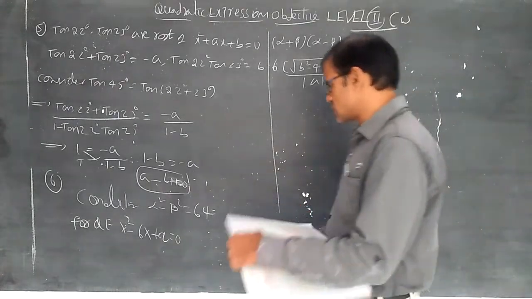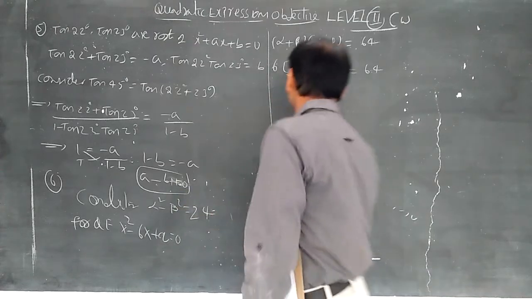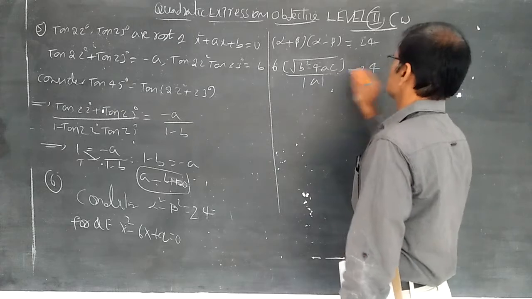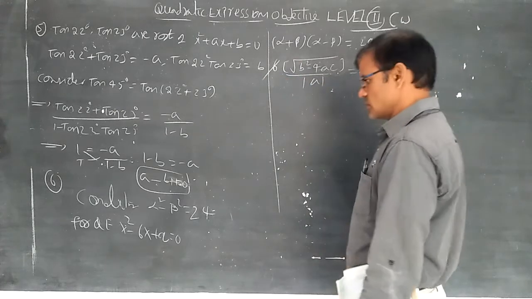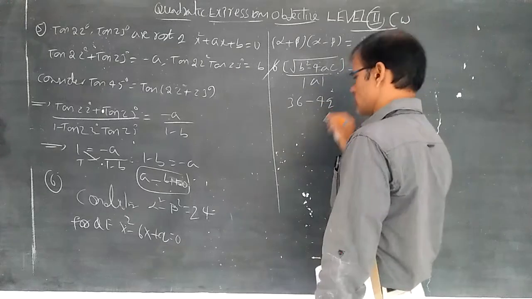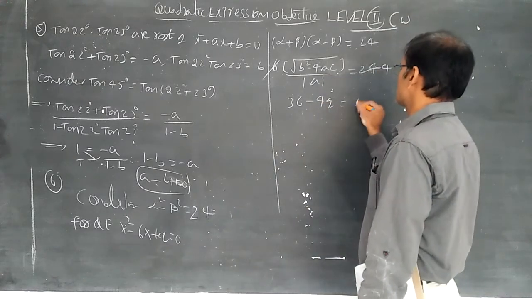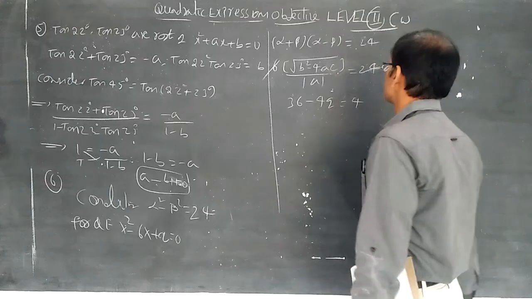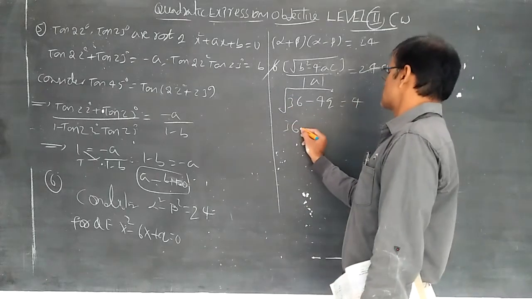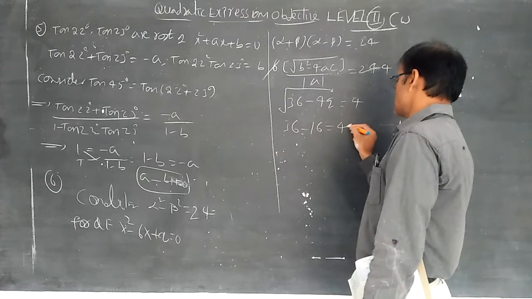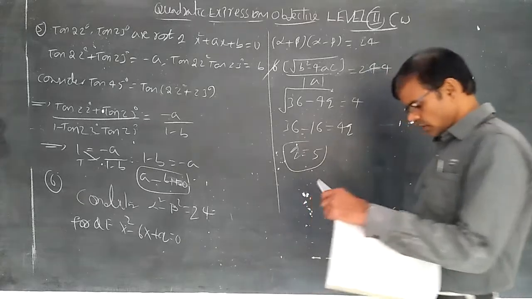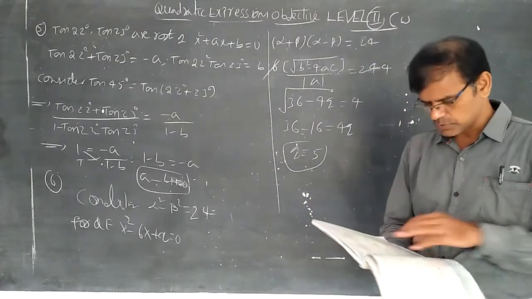The given value is not 60, this is 24, so alpha minus beta is 4. With a equal to 1, b square is 36 minus 4q, and it is a root, so 36 minus 4q equals 16. 36 minus 16 equal to 4q, so q is equal to 5. Third option.